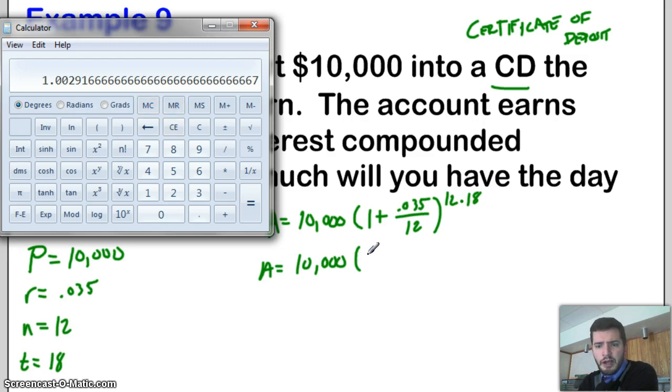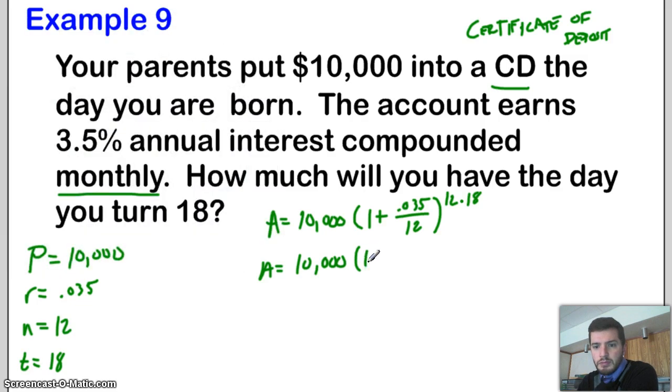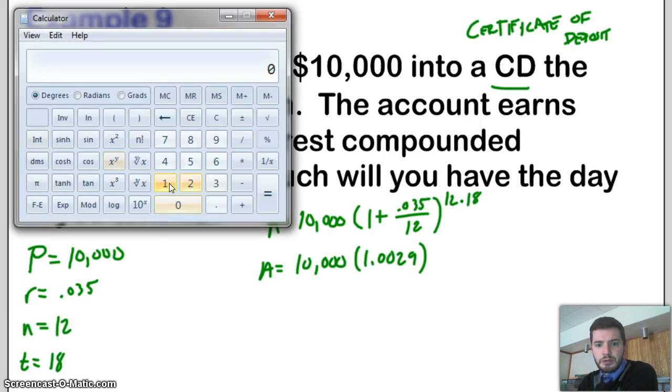On my equation here, I will round it just because obviously I don't have space for all this, so I'm just going to write 1.0029. Then we do 12 times 18, which is 216.